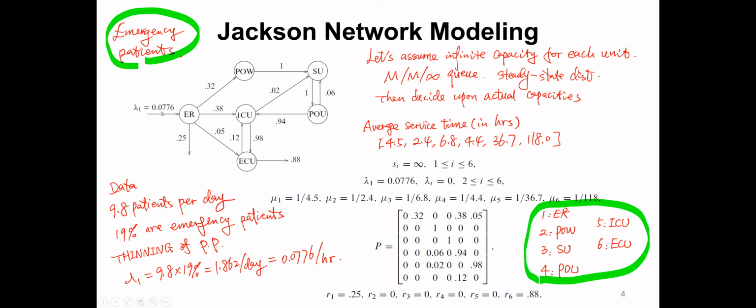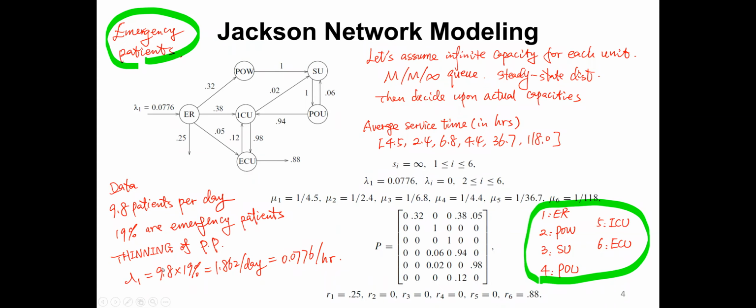This is 0.0776 per hour. In the historic data, the management found out that about 9.8 patients per day visit the inpatient clinic, including scheduled and emergency patients, but 19% are emergency patients. So we know this is the splitting, or thinning, of the Poisson process.